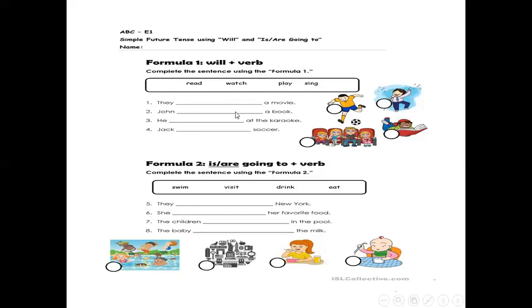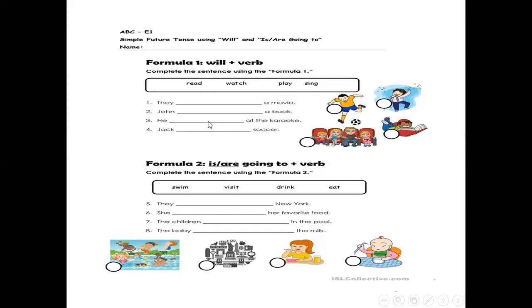So we come to the next one. Jean blank a book. Which verb goes with a book? You play a book? You sing? No, you read a book. Jean will read a book.